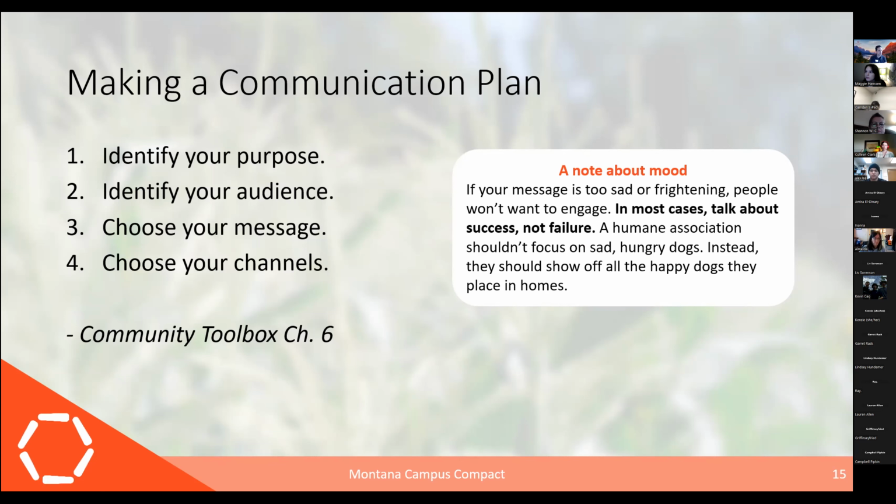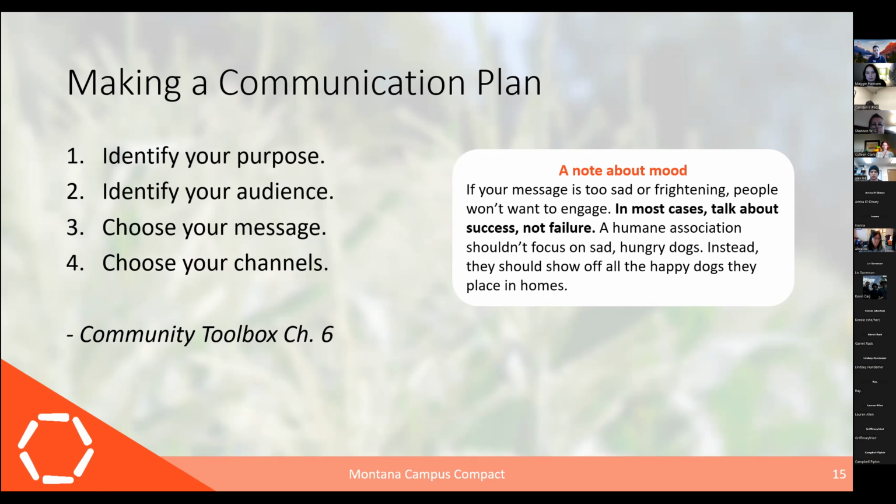You need to be able to choose your message as well. It needs to be positive for the most part. Don't get me wrong, the work that a lot of folks are going to be doing may not actually be positive. There might be an awful lot of challenge in identifying gaps in service, and you're going in there to either build the infrastructure to support these people, or you're literally doing the boots-on-the-ground stuff.